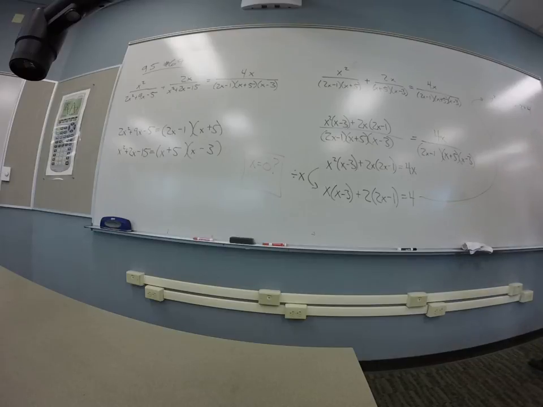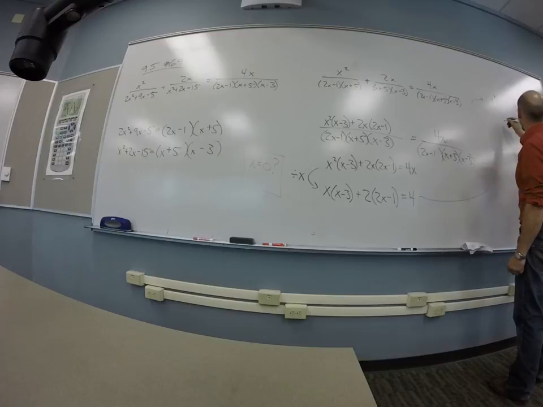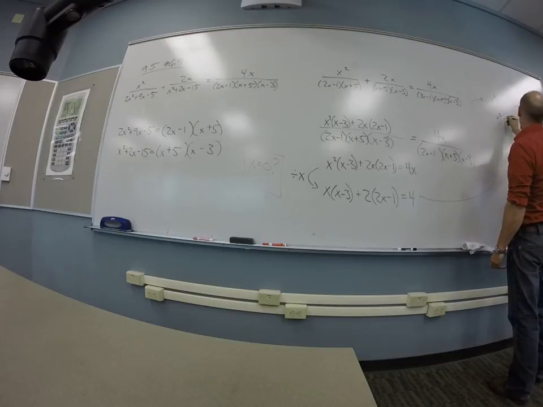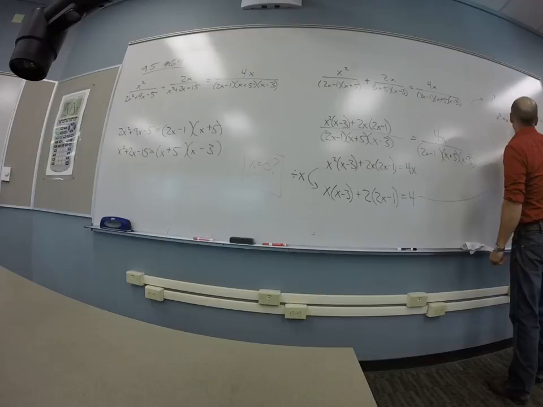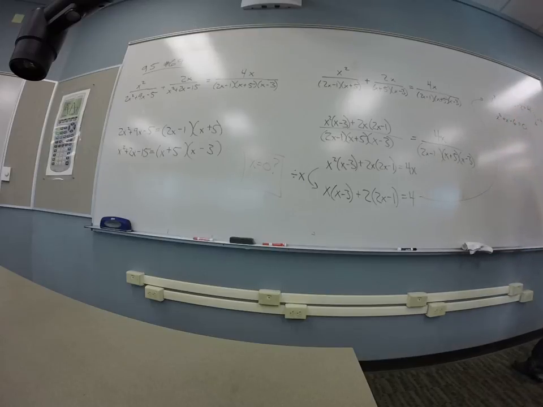Then what? Well, you can first combine the left. Subtract 4 from both sides and combine like terms. So you get x squared plus x minus 6 is 0. Then what do you do? You can factor.